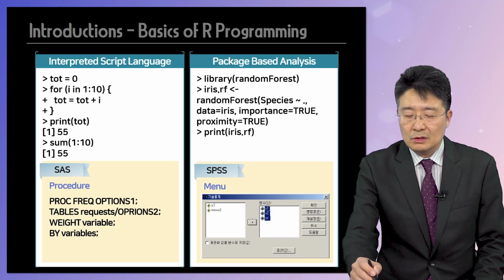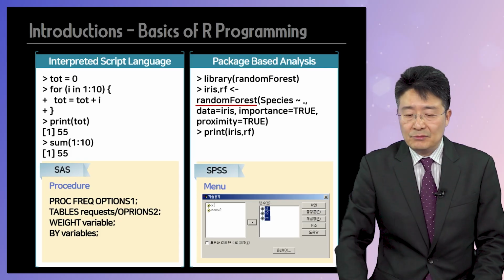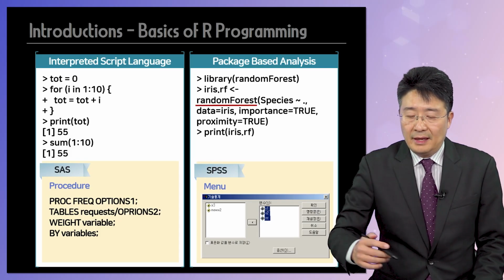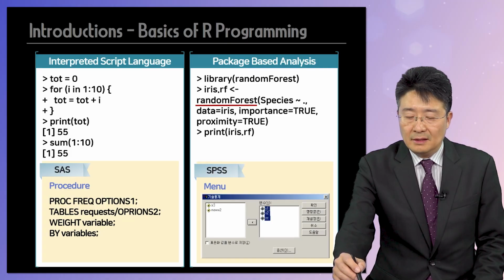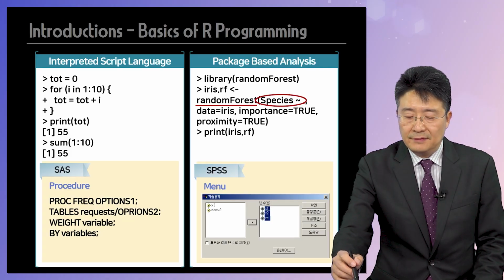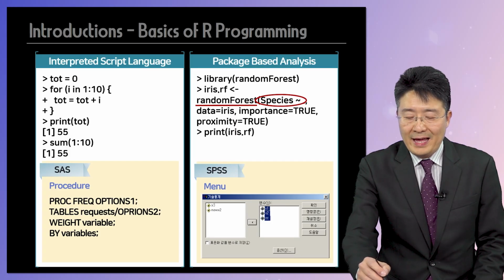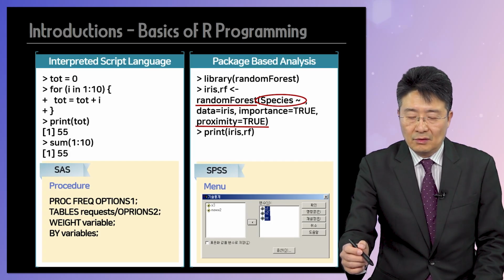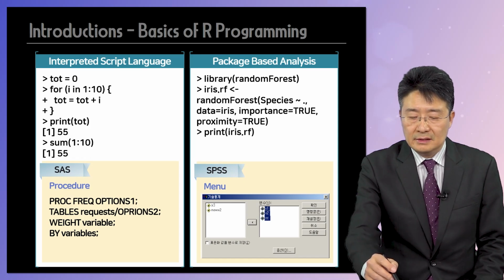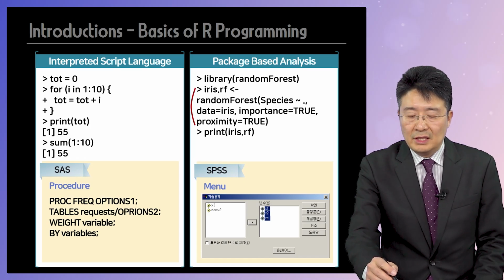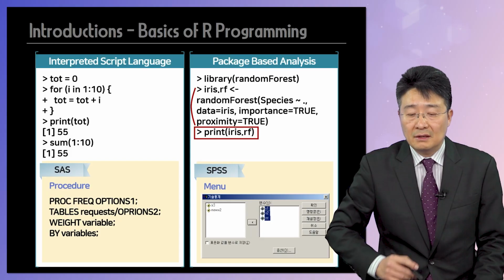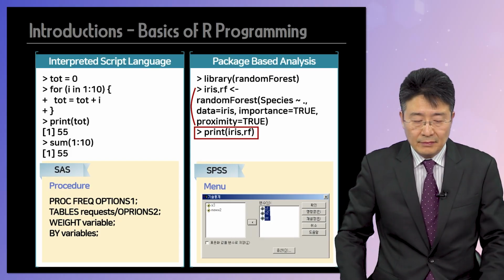Then we can call the function named random forest, define data sets and some values in this function, and run it here. Then we can print the results of the random forest analysis.